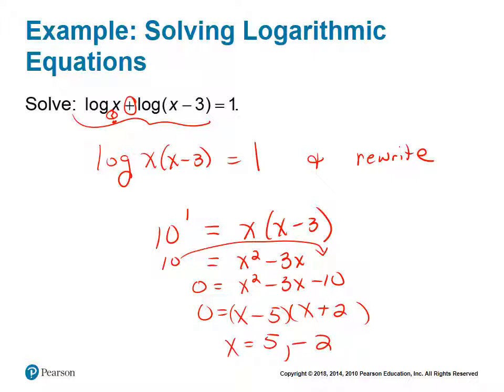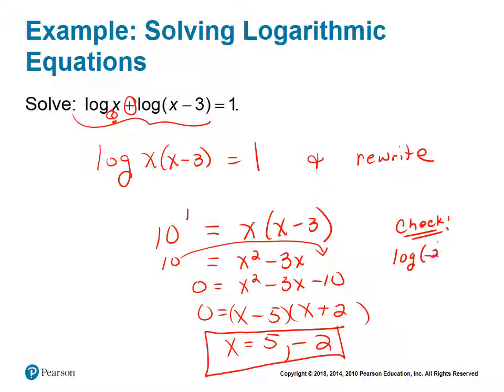Now remember, especially with these negative answers, a negative answer when substituted back into the log should not give you a negative result, because if you start with a positive base 10, your log should give you a positive result. So in particular, if I check the answer of the negative 2, you see how that's going to look like this?